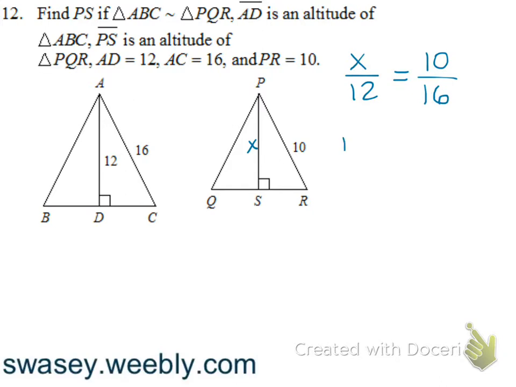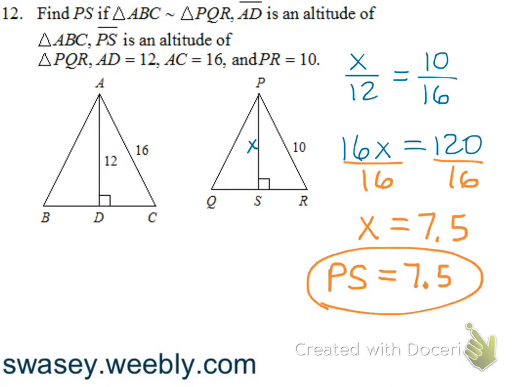Be consistent as you set up your proportion. Then you can cross multiply, and then you'll divide by the coefficient. So PS is 7.5.